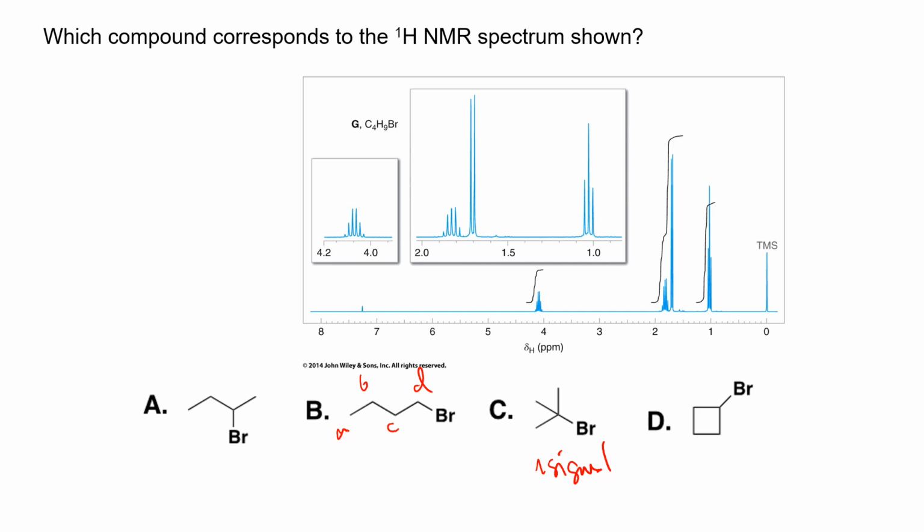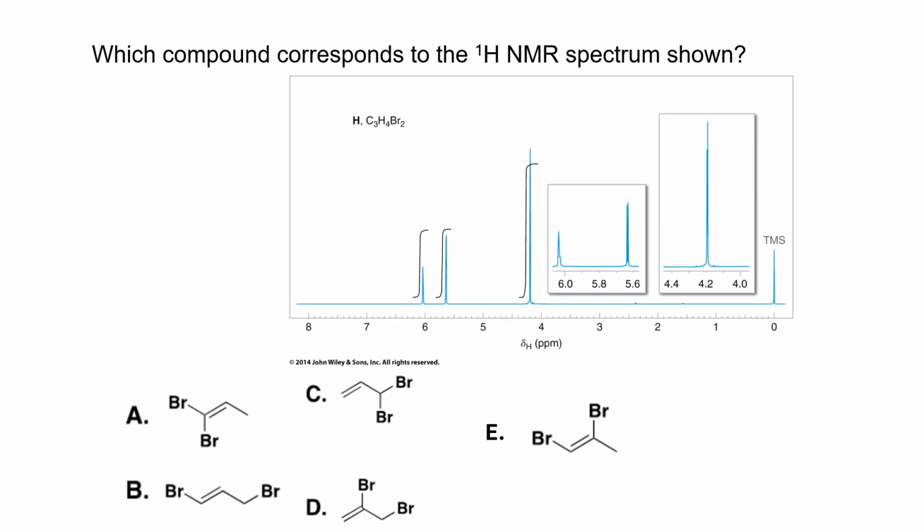Here you will have 1 H here, and so A, B, B, C. Well, that could be because we have 3 signals. And then we're going to analyze that. So A, B, C, D, just by the number of signals is that one. Then you can analyze whether the multiplicity matches.